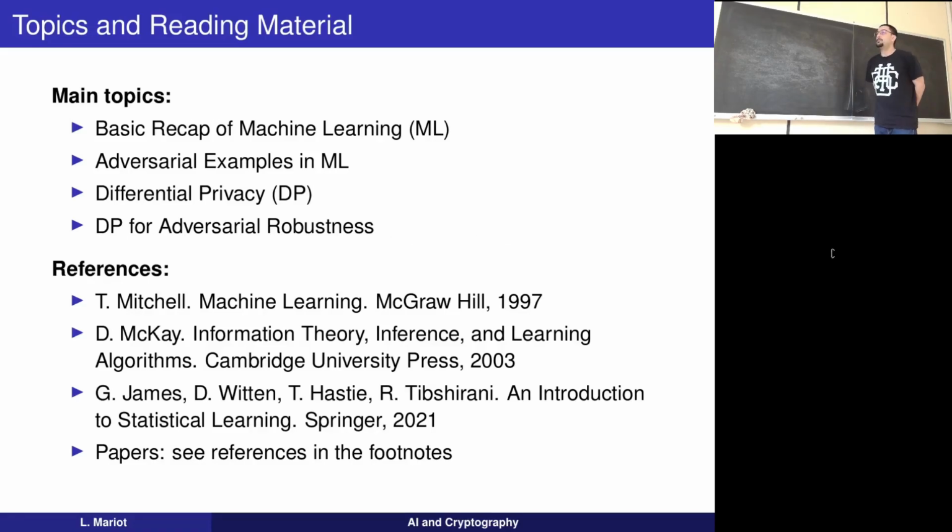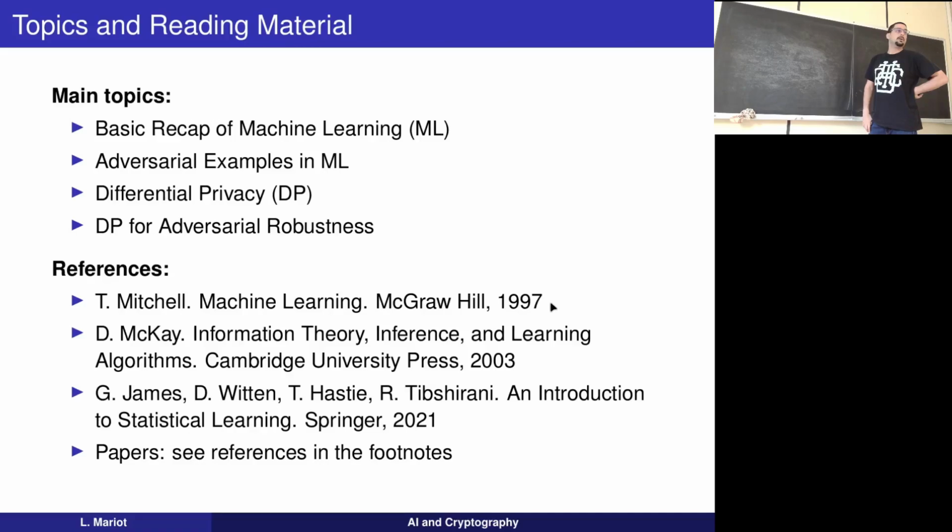Here I put some references that you can look into to dust off your knowledge of machine learning, or to build it up if you don't have it. The first one is actually a very nice book. It's quite old, a book by Tom Mitchell, Machine Learning, from 1997, and it's also freely available online.